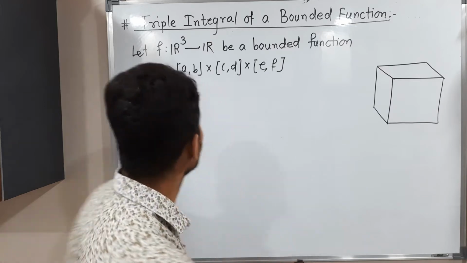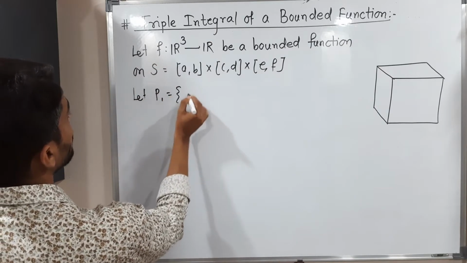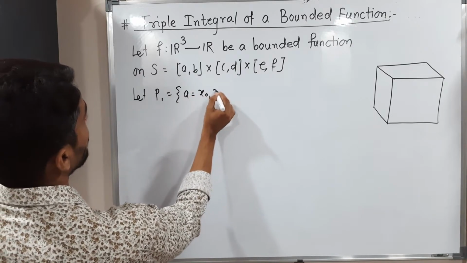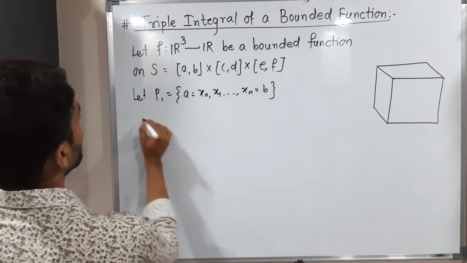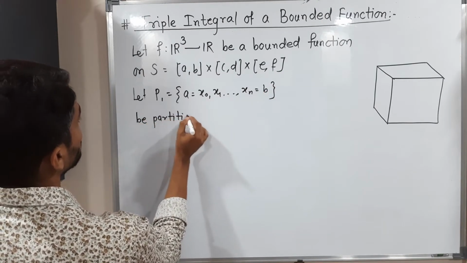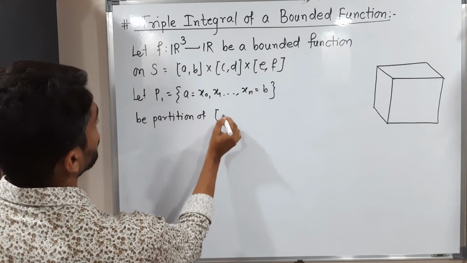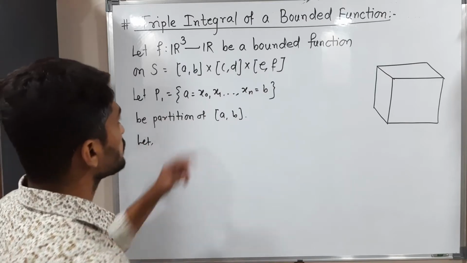So let us take P1 equal to A = x0, x1 and so on, xn = B, be a partition of the closed interval AB. Similarly, I will take a partition of CD.